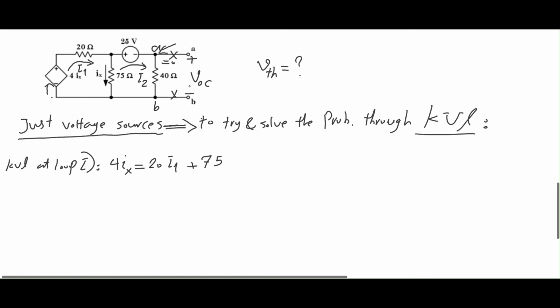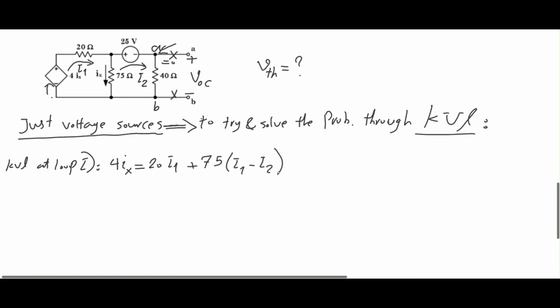Instead of Ix, I'm going to write I1 minus I2. So if you consider I1 flowing into this node here, I2 peels off and Ix goes down. So Ix is nothing but I1 minus I2. So I'm going to just write everything based off I1 minus I2.